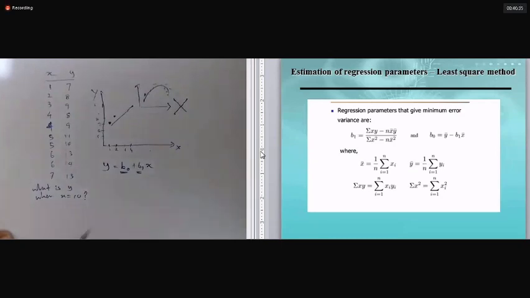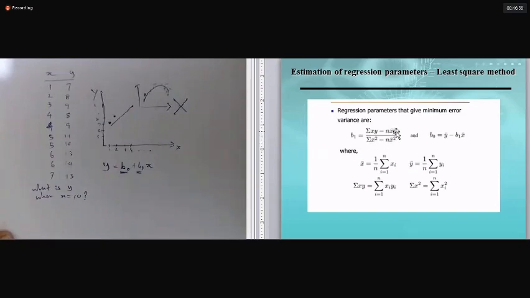So the formulas are given. So how to find B1, how to find B naught. So this is the B1 formula, this is B naught formula. So in this B1 formula, you can see that the sigma xy is here. I will explain that. Then x bar and y bar here, and sigma x square is here.